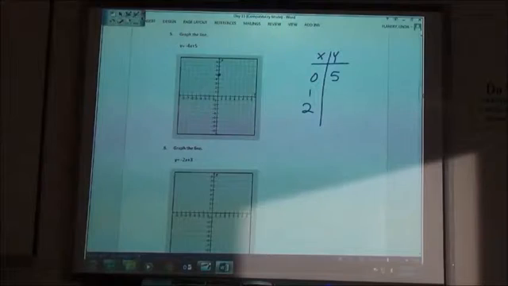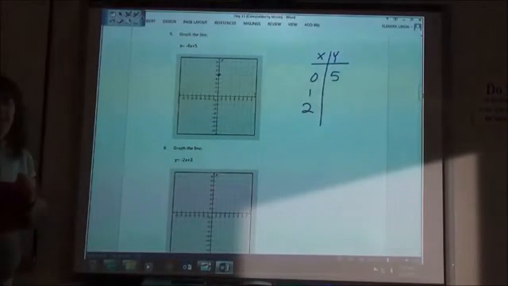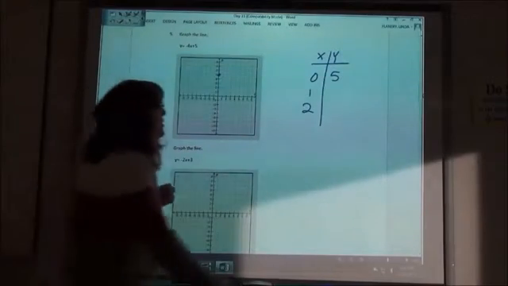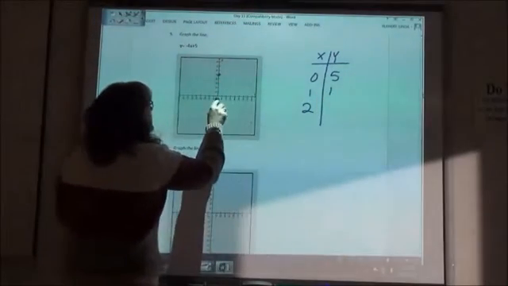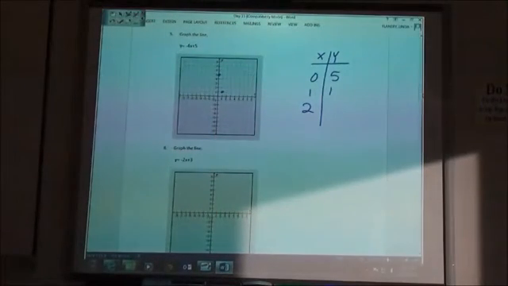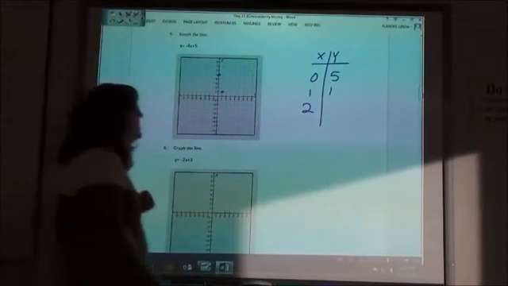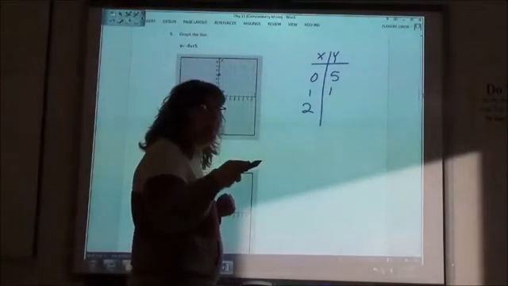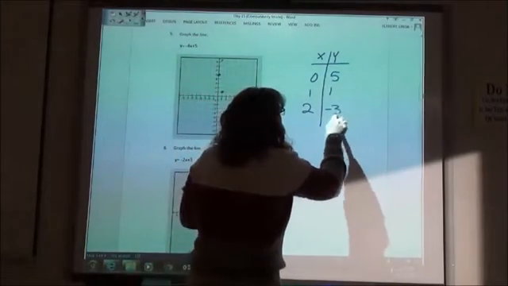If I put 1 in for x, negative 4 times 1 plus 5 gives me an answer of 1. So 1, 1: 1 to the right and up 1. And if I put my 2 in there, negative 4 times 2 plus 5 gives me an answer of, not 3, but negative 3, right?